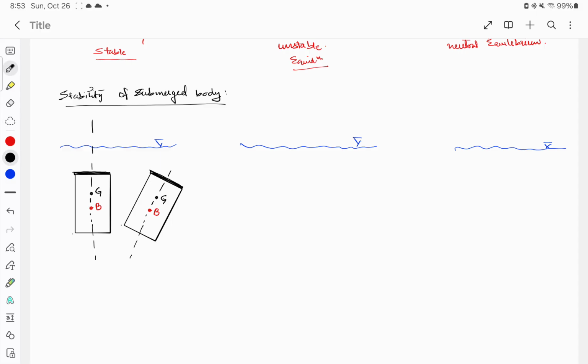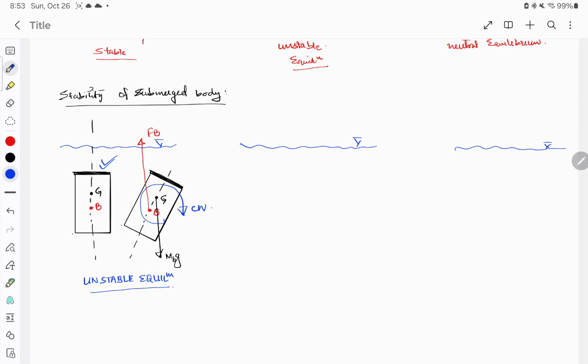And the utility of center of gravity and buoyant center is, from the center of gravity the weight of the body passes, and from the center of buoyancy the buoyant force passes. As we can see, this particular arrangement is creating a couple in the clockwise direction, which is not maintaining the initial position. It will try to turn the body upside down. So this will be an unstable equilibrium.